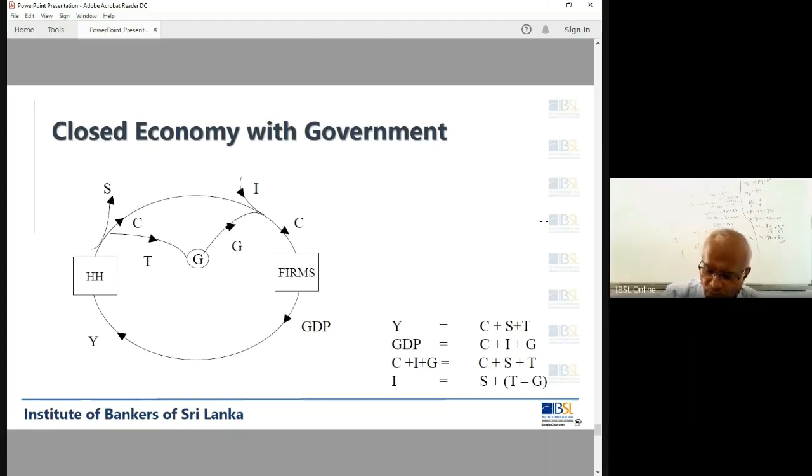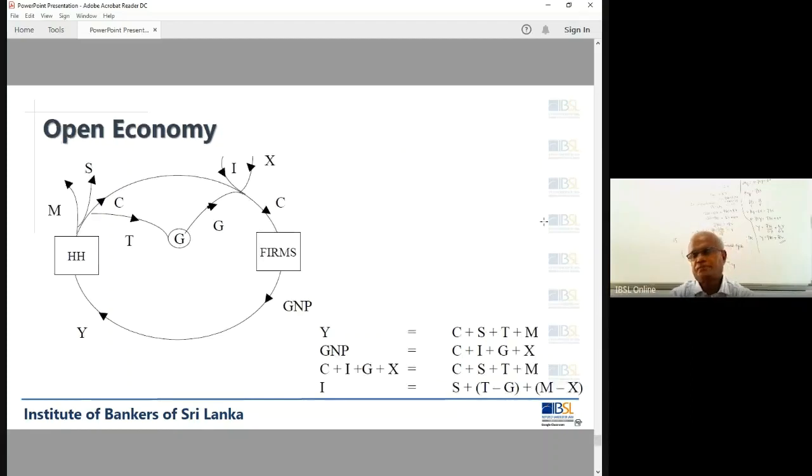Right? Next model, open economy. Again, these are very important identities. Y equals C plus S plus T plus M. Domestically produced goods, consumption, imported goods, M. T is paying taxes, S savings. GDP equals C, consumption goods, investment goods, government goods, exports: C plus I plus G plus X. Then what will happen?